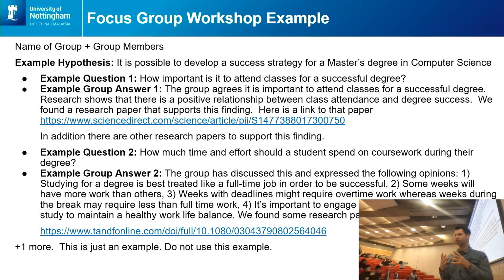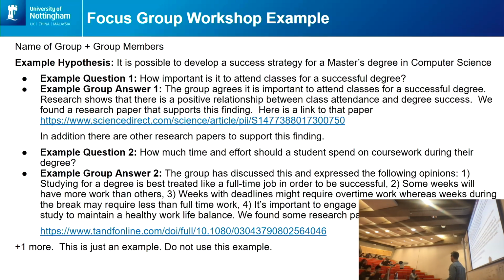So an example group answer would be: the group agrees it's important to attend classes for a successful degree. Research shows there is a positive relationship between class attendance and degree success. We found a research paper that supports this finding. Here's a link to that paper. So academics have studied this, and it's true.